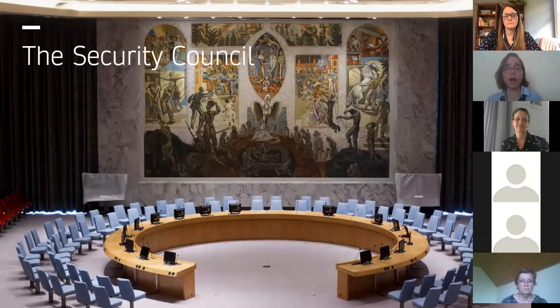And it's really iconic. We can all recall events that we saw happening there in the news. The Security Council mostly discusses wars, conflicts, and security emergencies around the world.